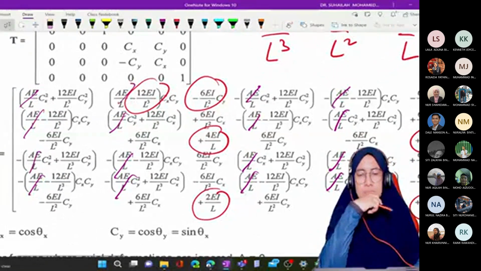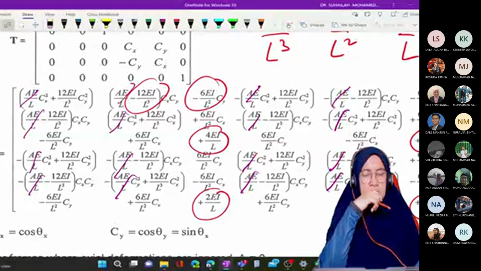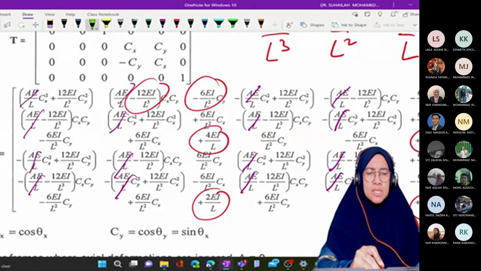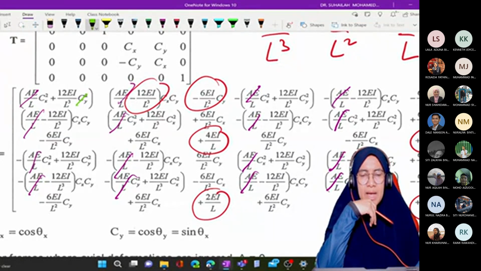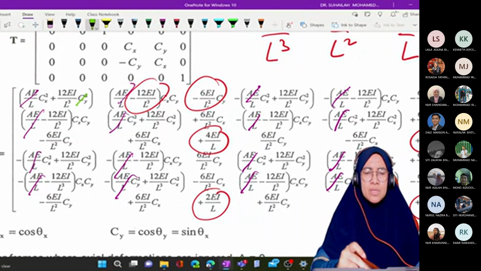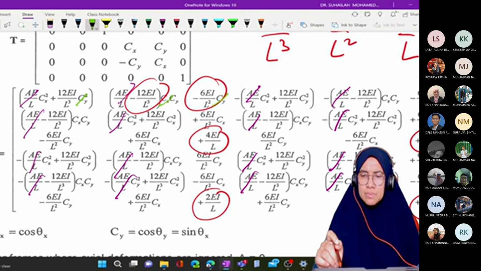Cy 0, Cx. Okay, we just need to substitute into this. So Cy here is 0, this also becomes 0. Okay, which one has value? Cx, Cy here also becomes 0. So this one also 0. Cy is 0, this one also 0.